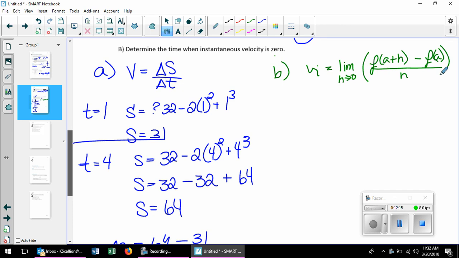So this is where f of a just gets substituted in as the equation. And everywhere you see a t, it would have to be t plus h. And then you multiply them and combine them. That doesn't seem bad until you look at our equation and we have a squared and a cubed in it. So that's going to be really long if I do that.